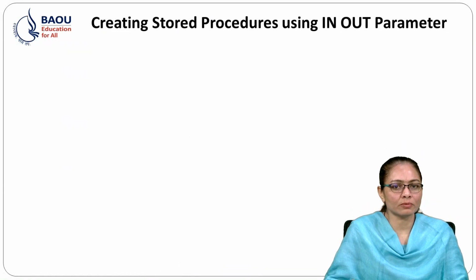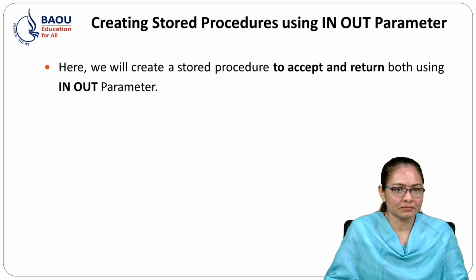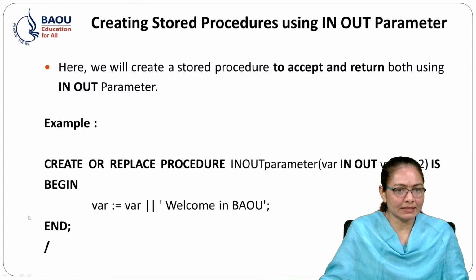Now creating a stored procedure using the IN OUT parameter. What is the use of the IN OUT parameter? Here we will create the stored procedure to accept and return both using the IN OUT parameter. So IN is accepting the value and OUT is returning the value.